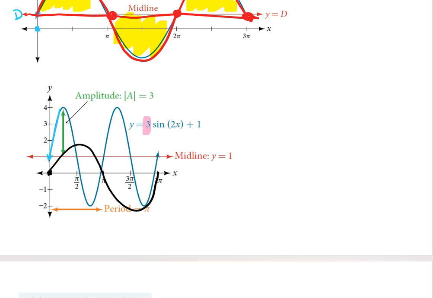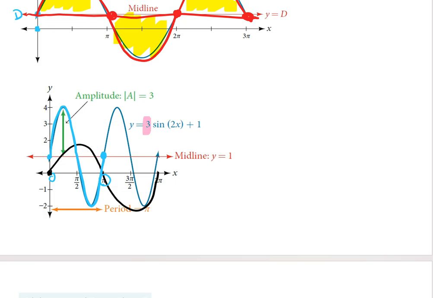It goes up, and then it goes down and back up again. That is one full sine wave, and that's going from 0, here's 0, to pi. So the period is actually half of 2 pi, which is 1 pi. But the amplitude has gone up to 3.